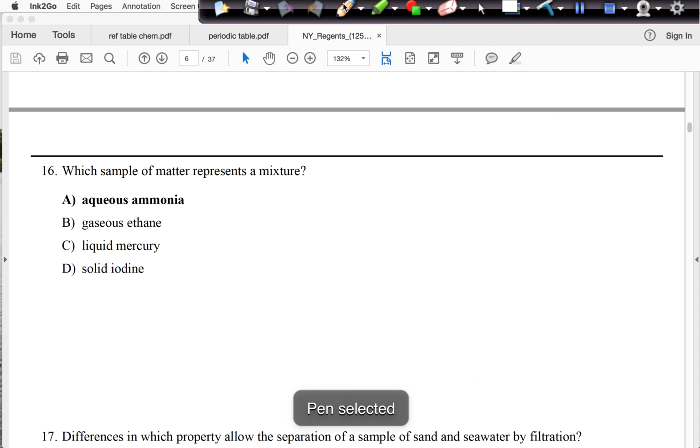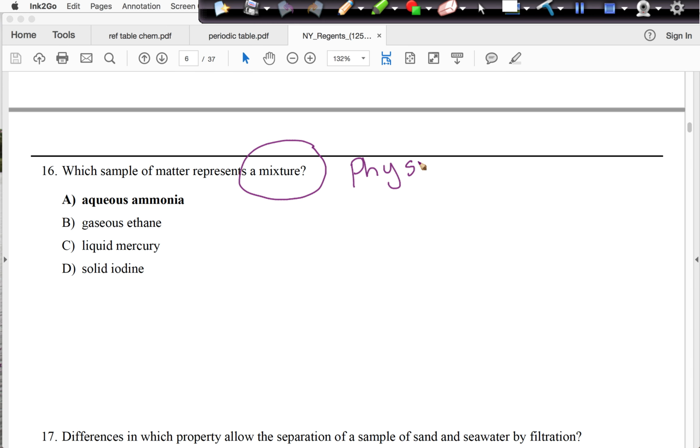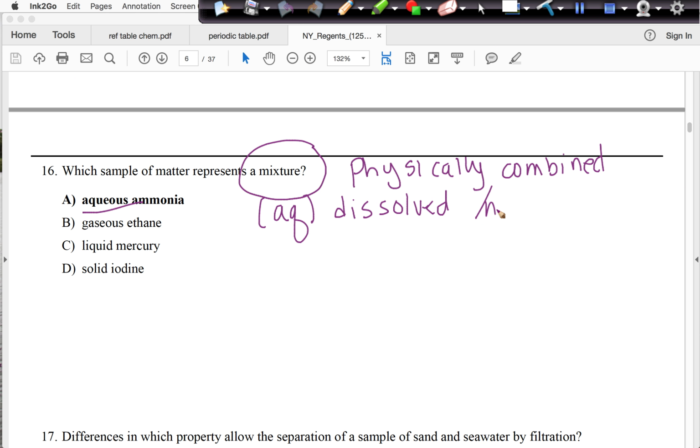For number 16, remember that mixtures would be two or more substances physically combined, which means that they can also be separated physically. So if they're physically combined, we're looking for, remember, aqueous, written as AQ, means that it is dissolved or mixed with water.